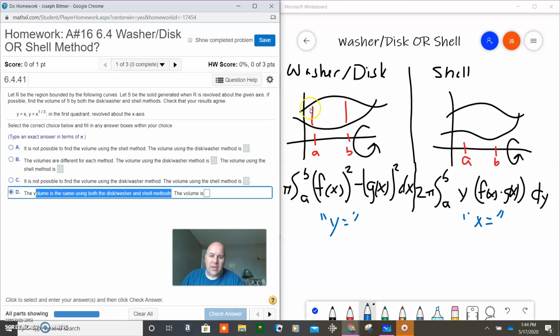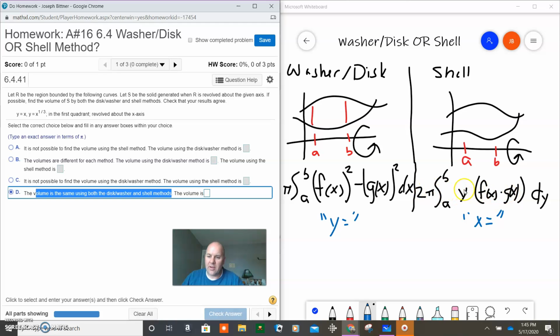Again, think of this as the area of a circle. It's almost like you're taking coins and stacking coins on top of coins, or plates on top of plates. It's the area of a circle, pi r squared. For the shell, this is the circumference, and this is the height.